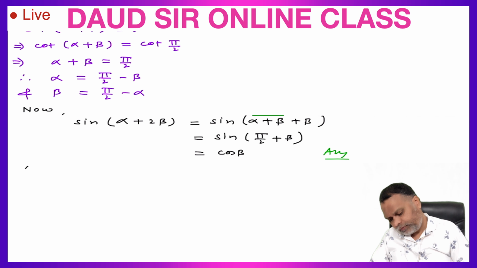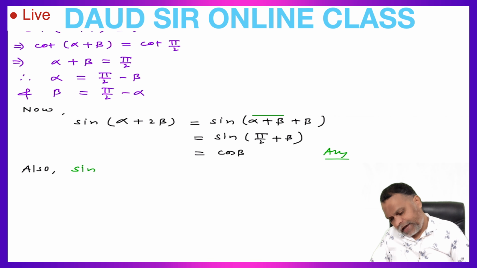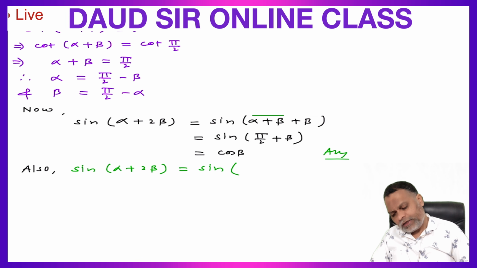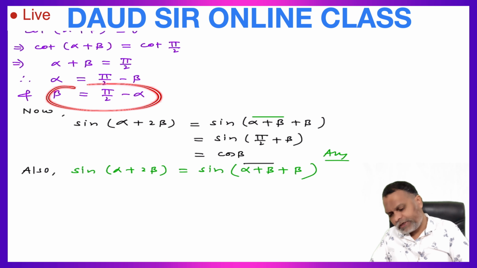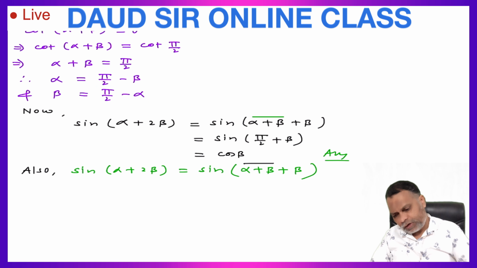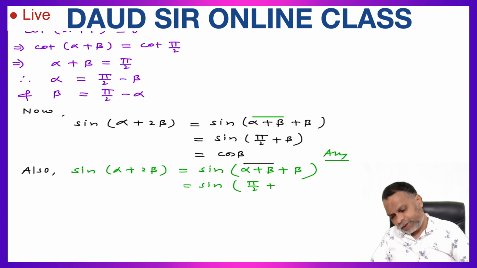Or and also we can apply the different values. Sin of alpha plus 2 beta is equal to, we can write sin of alpha plus beta plus beta. So this alpha plus beta we can use pi by 2, and in place of this beta we can use pi by 2 minus alpha. So this is sin of pi by 2 plus pi by 2 minus alpha.